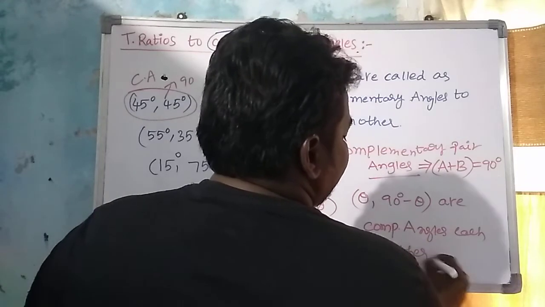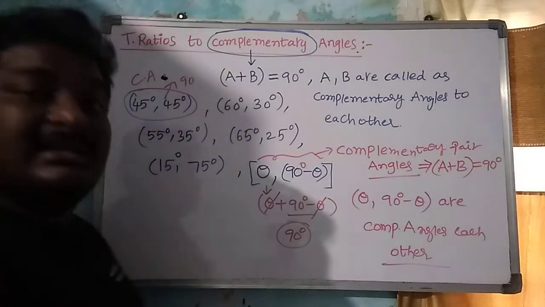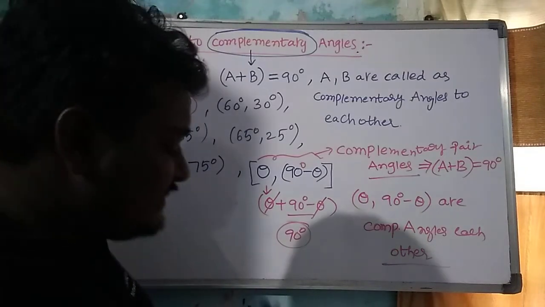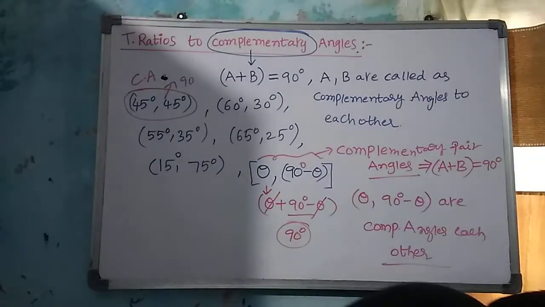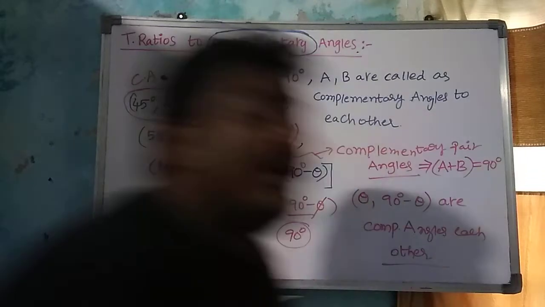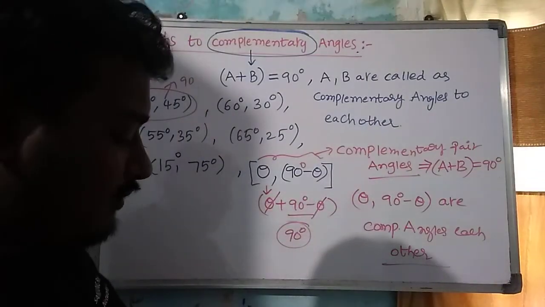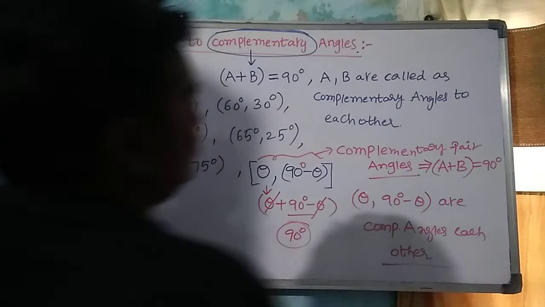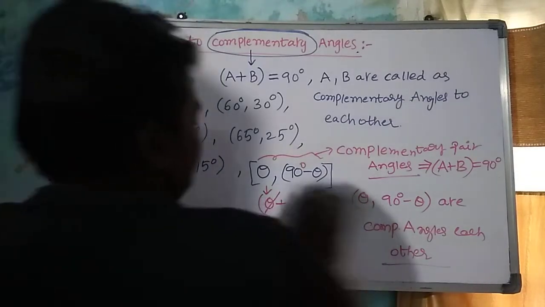This is the basic concept of complementary angles. If a plus b equals 90, I can call them complementary angles. Let's see how we will use this in trigonometry.